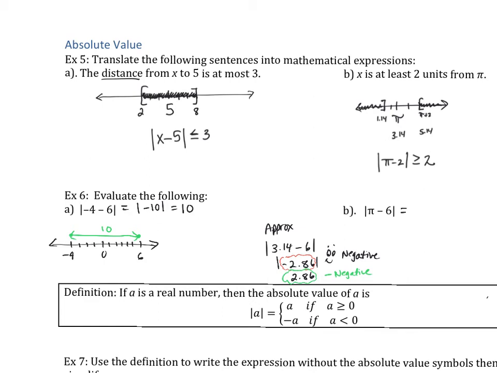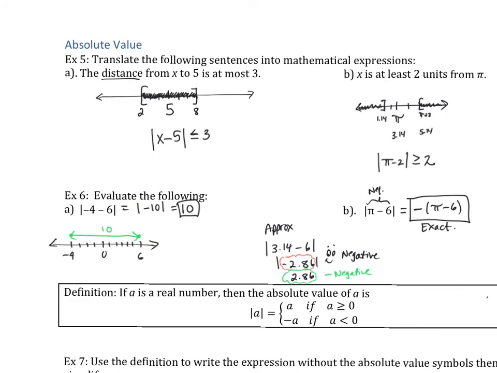So you can look in there and think, is that positive or negative? Since this whole thing is negative, absolute value would change its sign. So it would be the opposite of that, whatever we get for the exact answer there. So this is the exact answer, and that's what we're looking for on these problems.